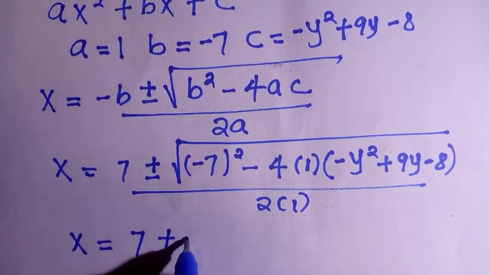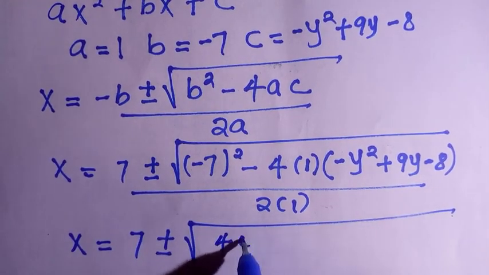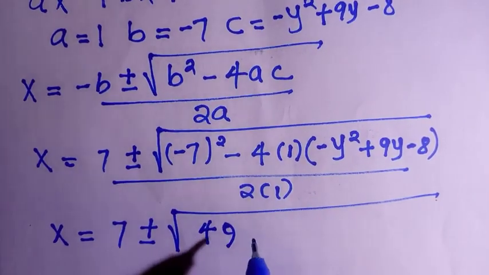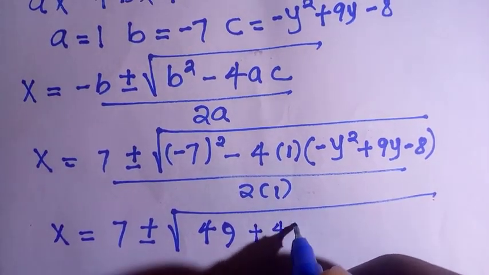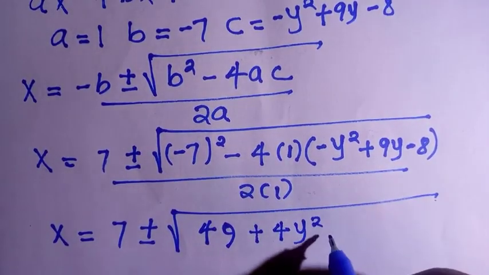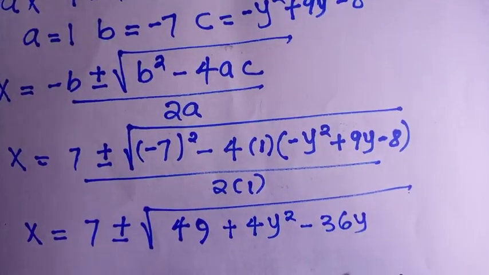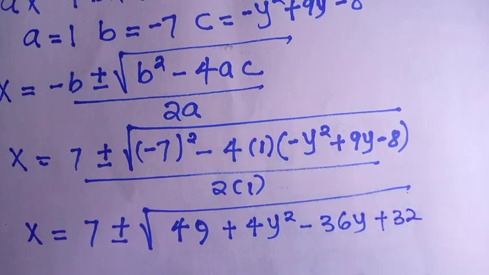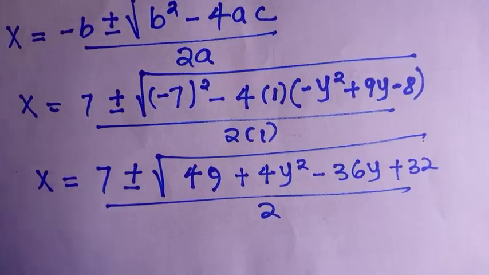We have 7 plus or minus the root of 7 squared, which is 49, and if you open this with -4, the first one is plus 4y squared, followed by -36y, while the last one is plus 32. So don't forget the negative at the outside. Then we have divided by 2.